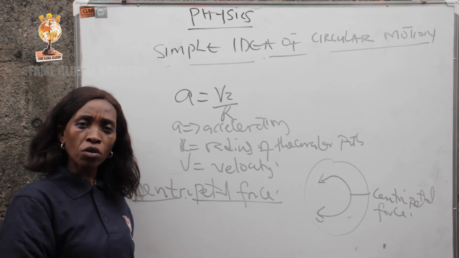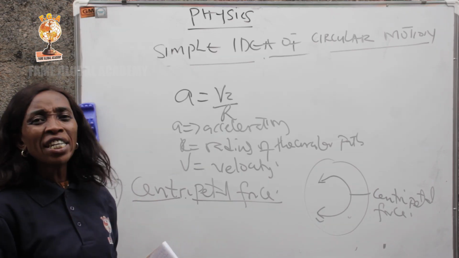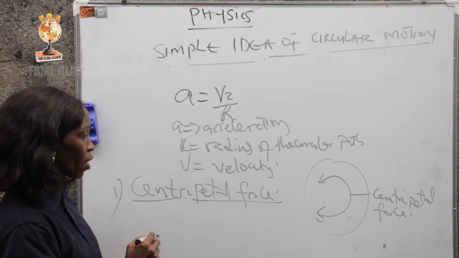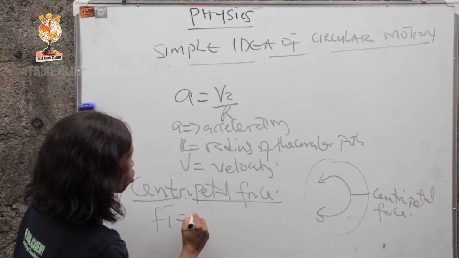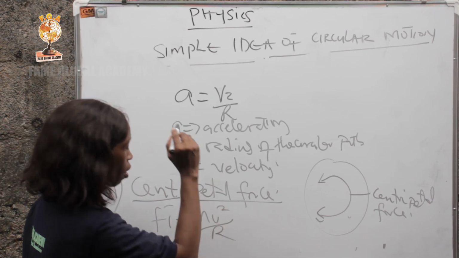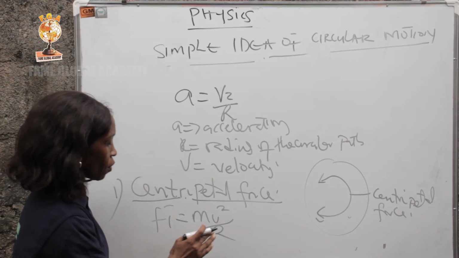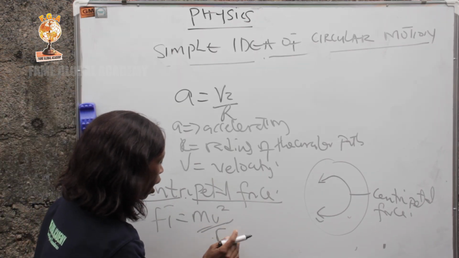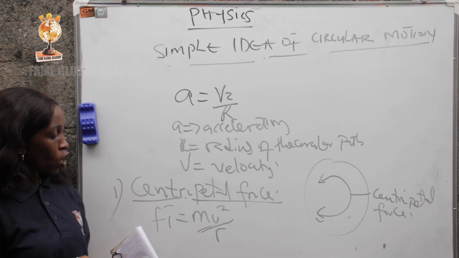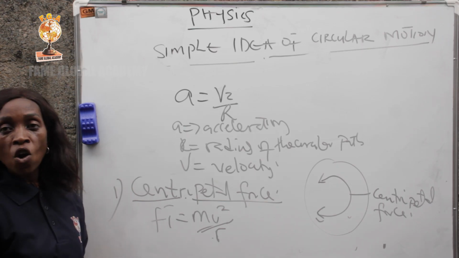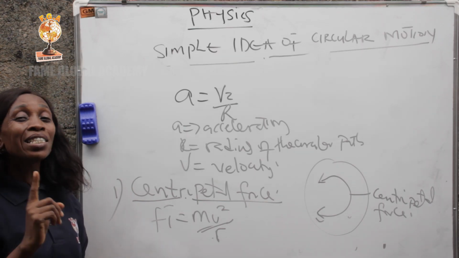Now that means Fc is equal to mv squared all over r, where Fc is now the centripetal force.